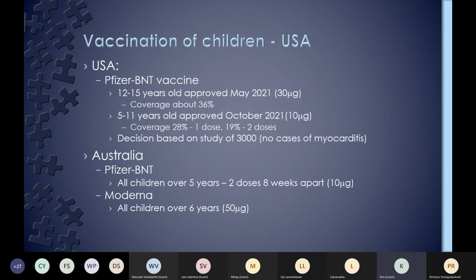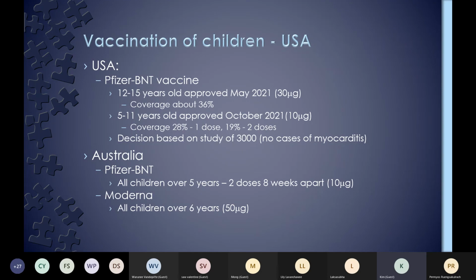In the United States, 12 to 15-year-olds, as I said, the vaccine was licensed for use in 12 to 15-year-olds around the same time as in Europe. That is actually in May of 2021, the full adult dose. And then in the 5 to 11-year-olds in the US, they were licensed in October 2021.